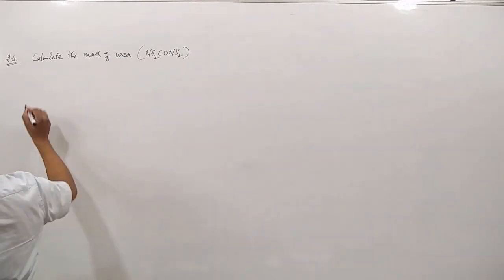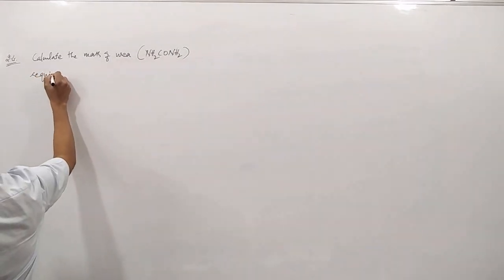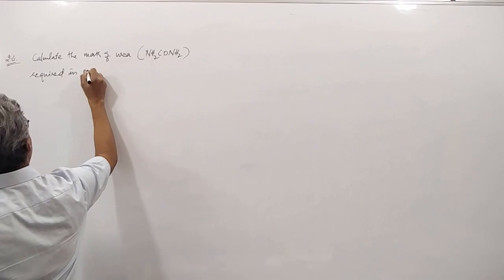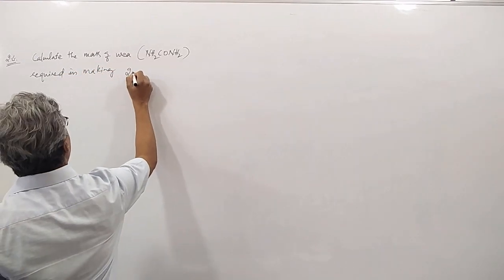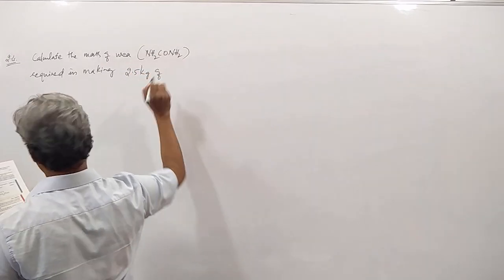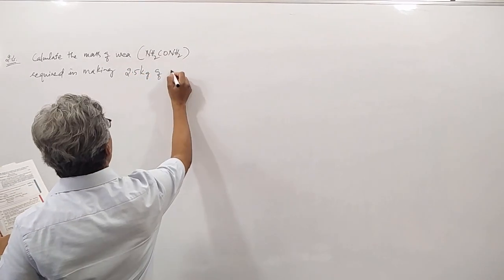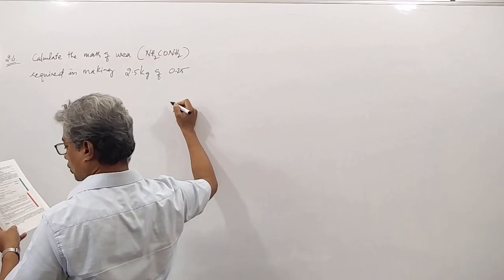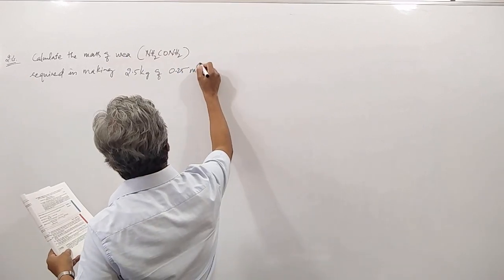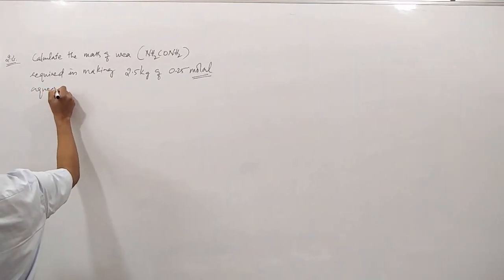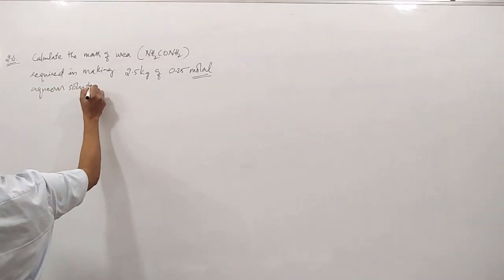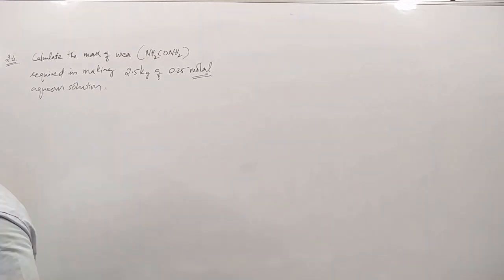Calculate the mass of urea required in making 2.5 kg of 0.25 molal aqueous solution. Let us explore this.